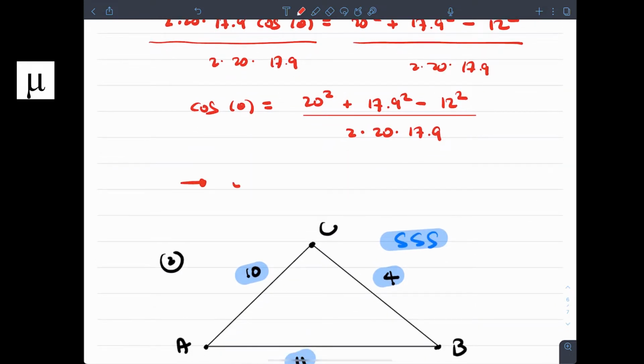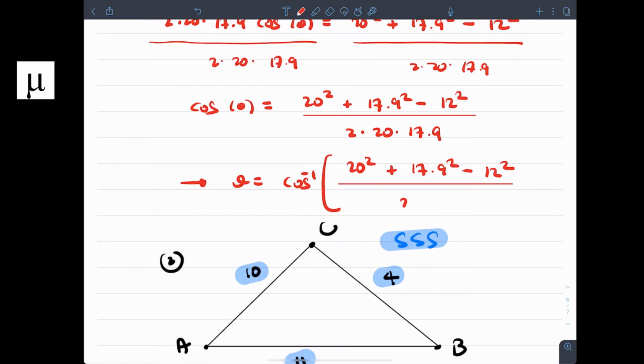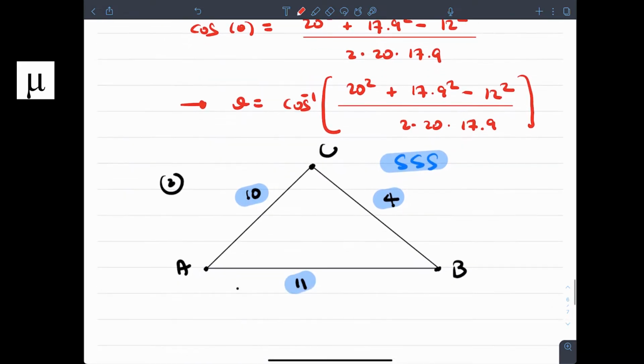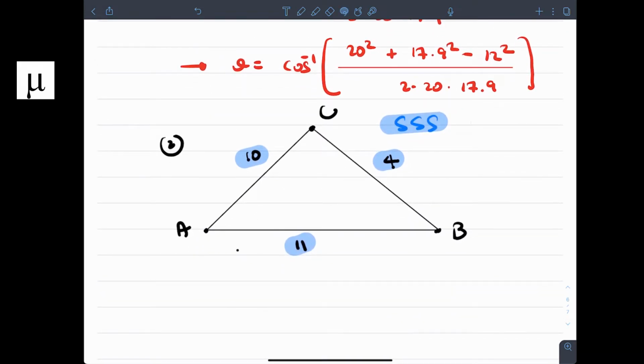So what does that mean about theta then? Inverse cosine of what? 20 squared plus what? 17.9 squared minus 12 squared. Everything over 2 times 20 times what? 17.9. All right, you guys okay with that one?